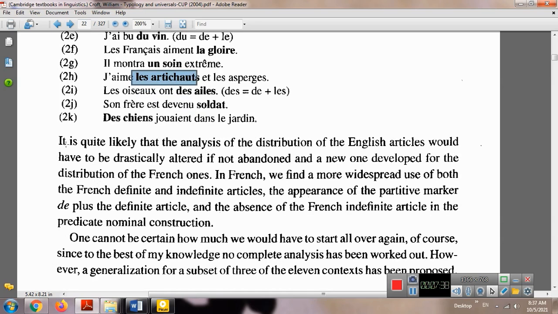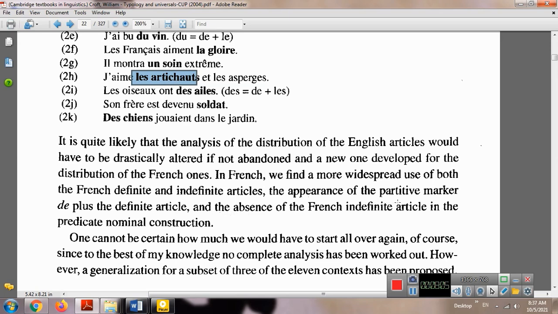Okay, it is quite likely that the analysis of the distribution of the English articles would have to be drastically altered, if not abandoned, and a new one developed for the distribution of the French ones. In French, we find a more widespread use of both the definite and indefinite articles.